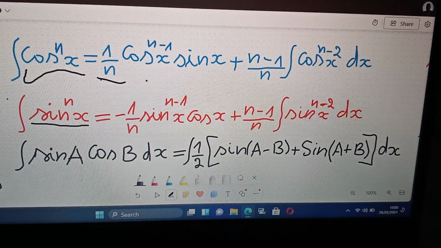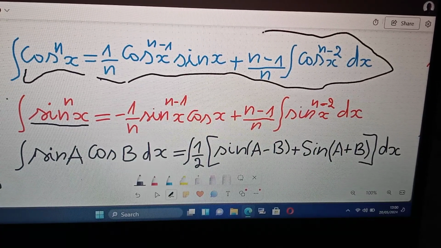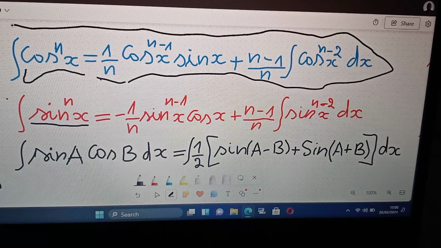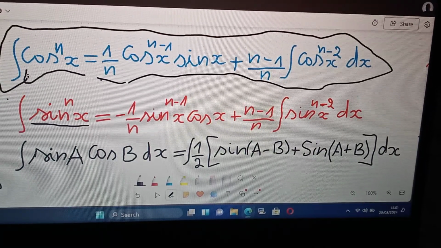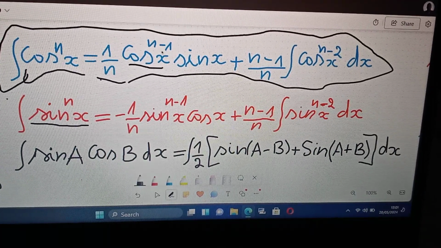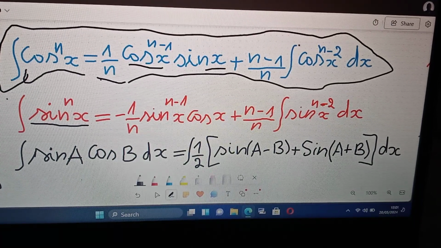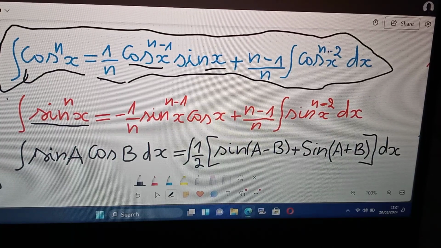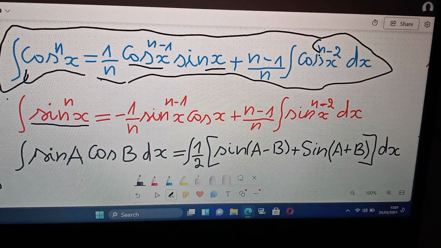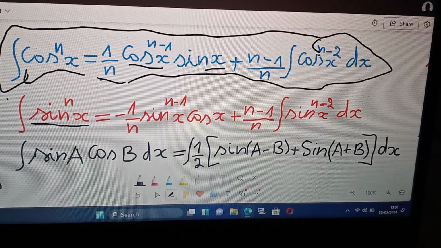As you remember, in the past week, we shared this hint for integrating the power of cosine, where we take 1 over the power given times cosine x to the power minus 1 times sine x, plus the power minus 1 over the power given times the integral of cosine x to the power n minus 1 dx, where n here is the power given. It is called the reduction formula of integrating the power of cosine.